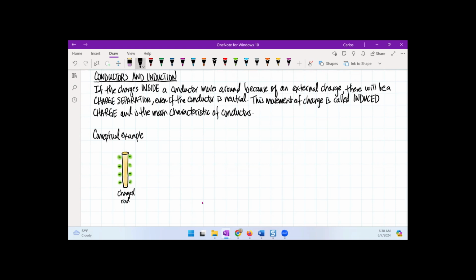So now we need to talk about our conductor here. So what I need here is an isolated neutral conductor. So in this case, I'm going to say that I have a base, and this base here is set up as insulators. So let's be careful here. So here's these guys that I'm looking at right here.